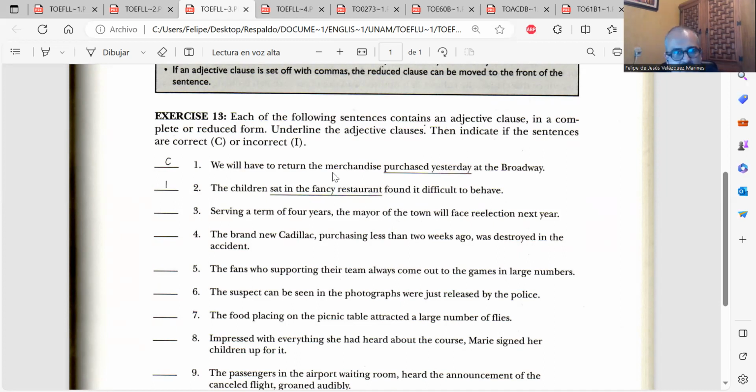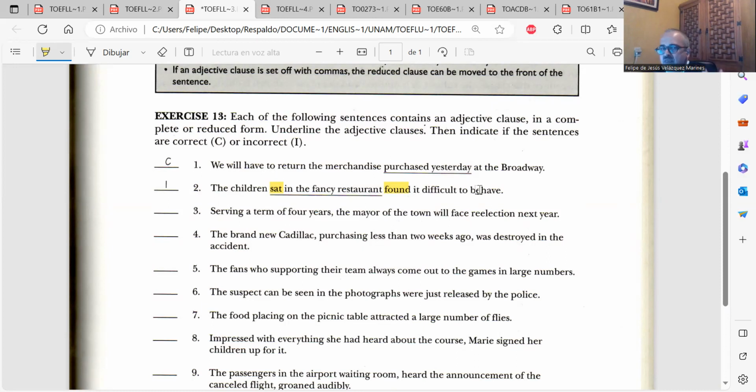But here, the children sat in the fancy restaurant, found it difficult to behave. So we always go to the basics. Find your two verbs, found, sat. We don't have a linker. If you don't have a linker, marker, connector of sentences, then you expand or you reduce. So the children who sat in the fancy restaurant found it difficult to behave.